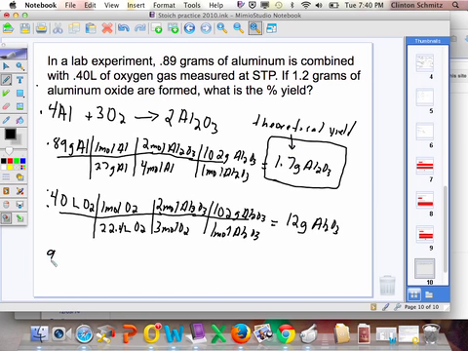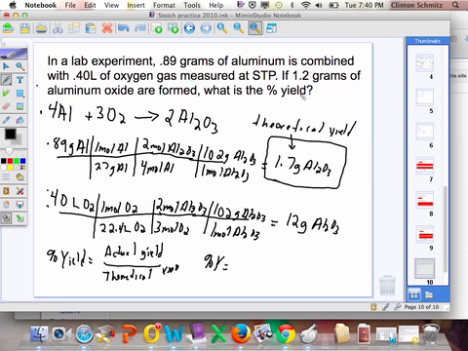Now, the problem is asking for the percent yield. So the percent yield is equal to the actual yield that you would get from a lab experiment, the actual yield divided by the theoretical yield, times 100. So if we want to calculate the percent yield for this problem, that's going to equal the actual yield.